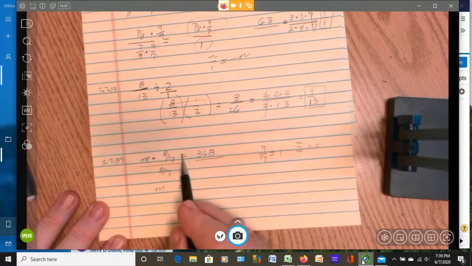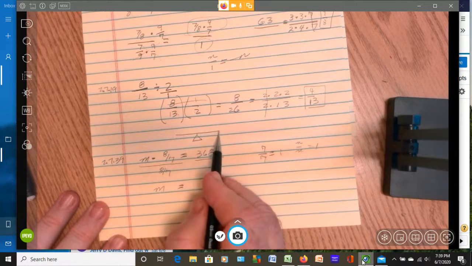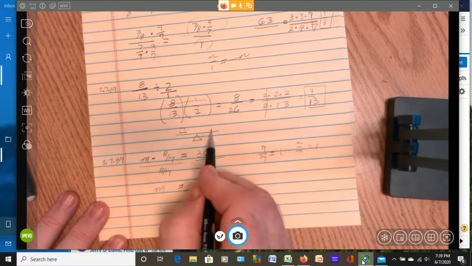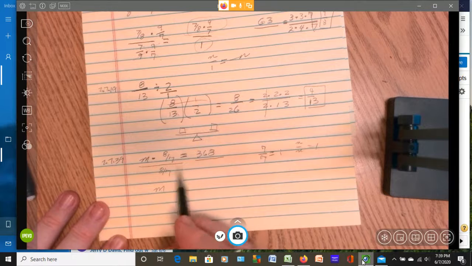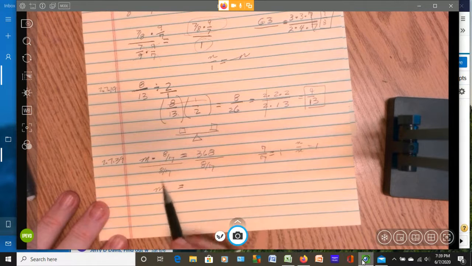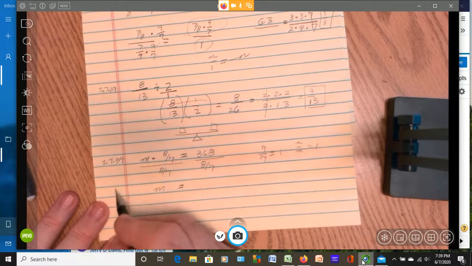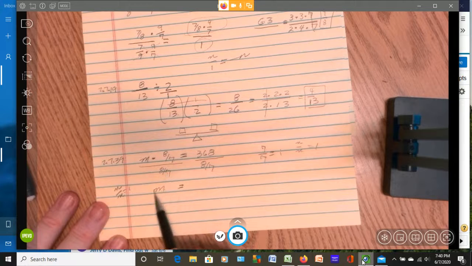And since this is an equation, remember the whole idea is that we've got to keep things in balance. If I do something on one side, I've got to do it to the other side. So I'm going to divide by this on both sides. Well, 8/7 over 8/7 is a number over itself, which is 1. So this just becomes 1, and I do now, in fact, just have one m over here.